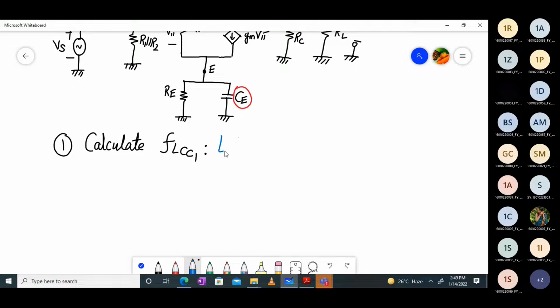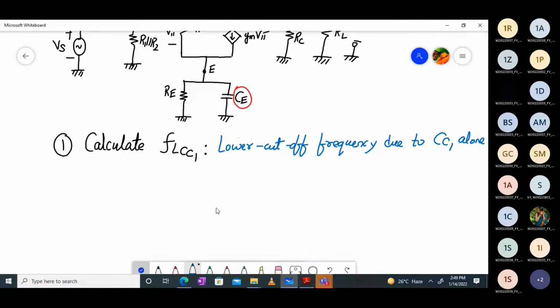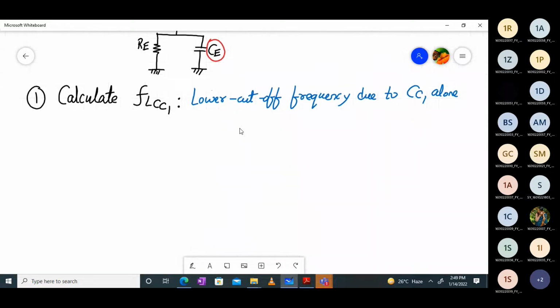It is nothing but the lower cutoff frequency due to CC1 alone. And I have to draw the small signal low frequency equivalent circuit again. Yes, you have to do that.